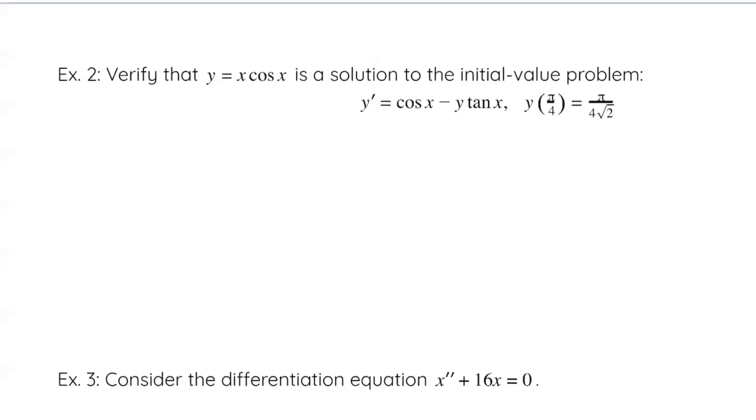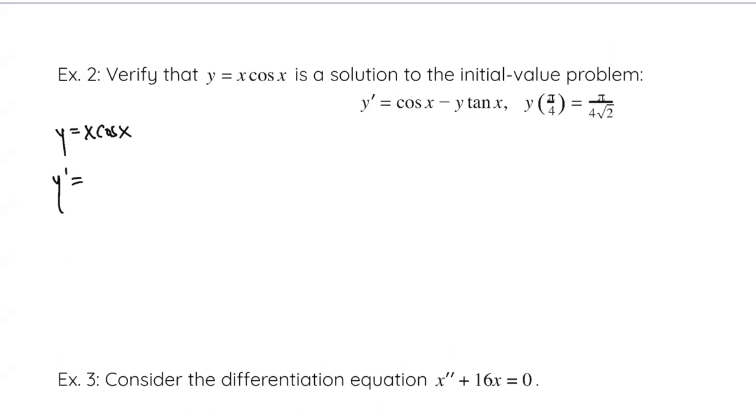So I have y equals x cosine x. What rule am I going to need to find that first derivative? Product. Yeah, we're going to need product rule again.